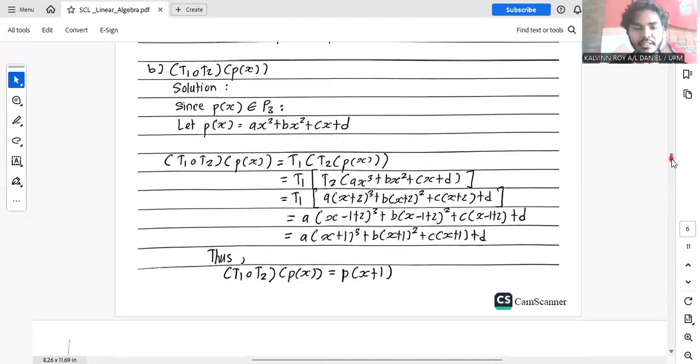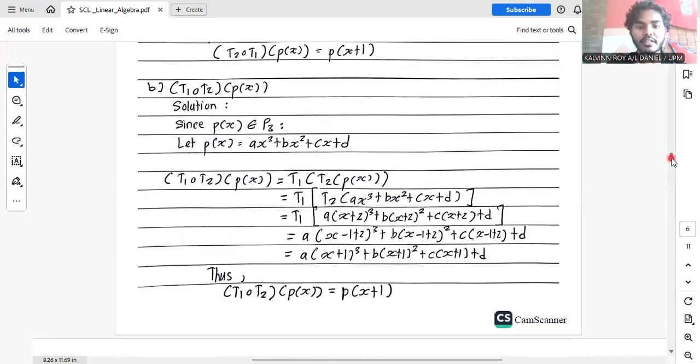Because it's the composite of T1 and T2 under P(x), T2 of P(x) is T2 of ax cubed plus bx squared plus cx plus d, and then after that you get a(x plus 2) cubed plus b(x plus 2) squared plus c(x plus 2) plus d.